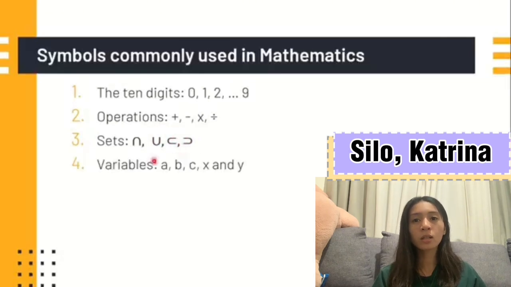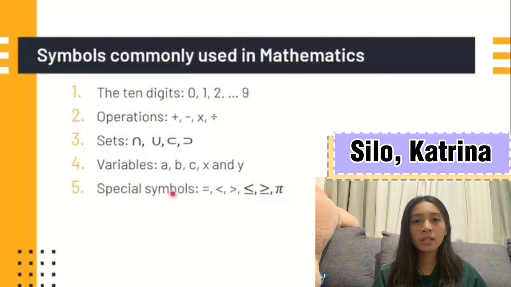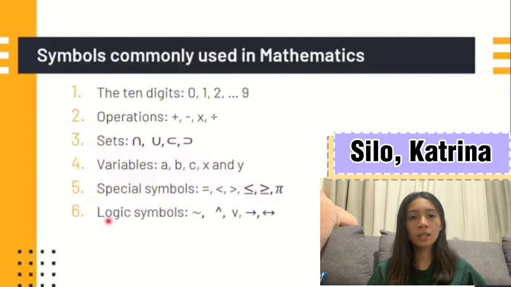For variables, we can use any letter, but we often use X and Y. Specific symbols include equals, less than, greater than, less than or equal, greater than or equal, and pi. Logic symbols include one that represents not, conjunction, disjunction, if and then, and if and only if.